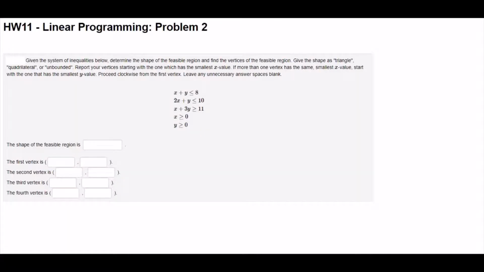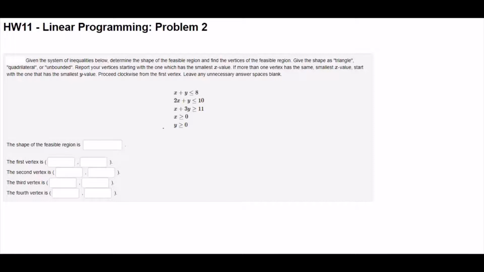Problem number 2. Given the system of inequalities below, determine the shape of the feasible region and find the vertices of the feasible region. Give the shape as triangle, quadrilateral, or unbounded. Okay, so we were given some constraints and we're going to determine the shape of the feasible region and the vertices.